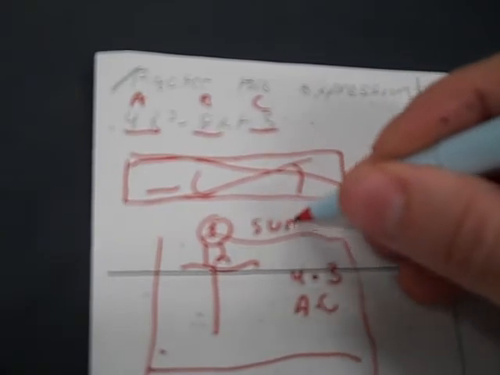Okay, so I go A, B, C. So again, it's A times C, and I'm going to take positive 4 times positive 3. Positive 4 times positive 3 is positive 12. I'm looking for a sum that is going to equal 8.